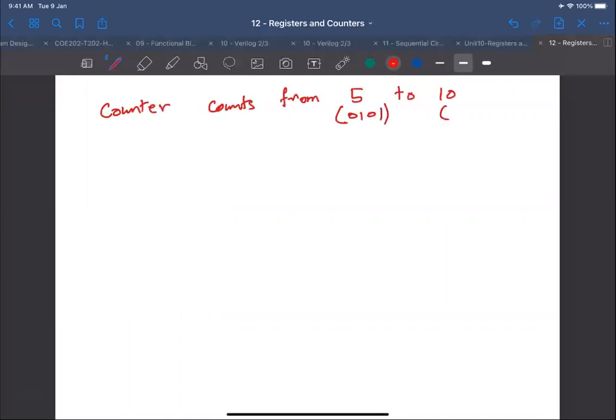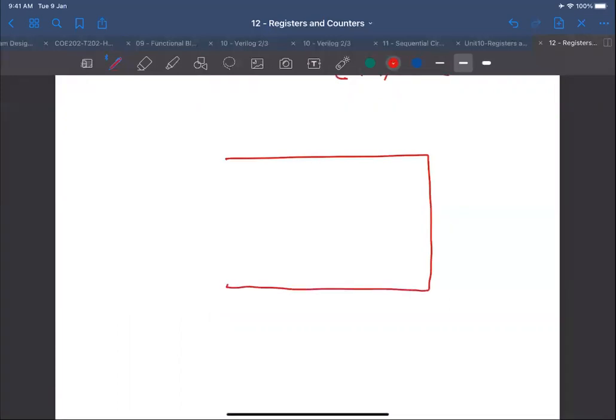Okay, and 10 is 1010. All right. Okay, so we have this counter here, which is a 4-bit up counter, right? And it has the inputs.